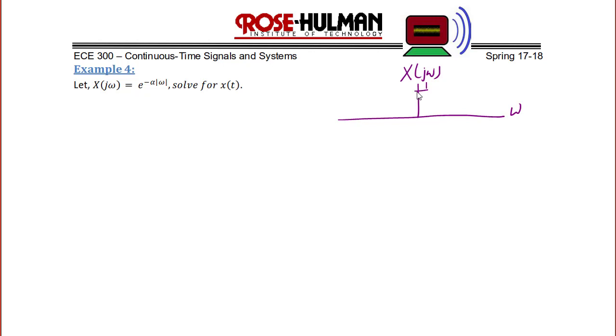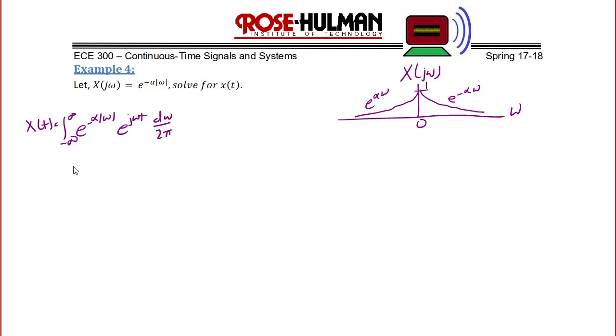The peak is at 1, and then it exponentially dies off in both directions, where the equation of this curve is e to the negative alpha omega, and the equation for this curve is e to the alpha omega. So x of t is equal to the integral from minus infinity to infinity of e to the negative alpha absolute value of omega, e to the j omega t, d omega over 2 pi.